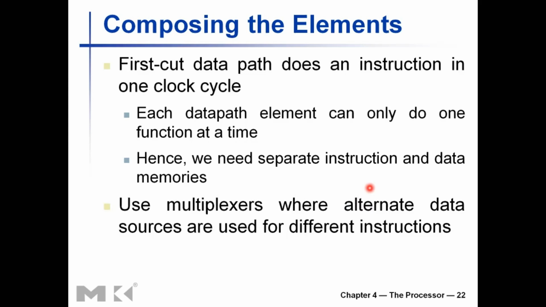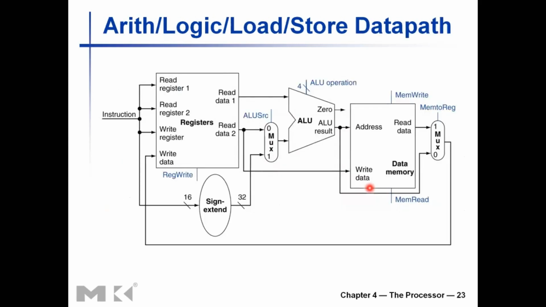There are multiple data sources coming into the program counter. PC+4, the branch target address, and we still haven't gotten to the jump type instructions. So those will add another source into the program fetch mechanism. So multiplexers we will need to use a lot.